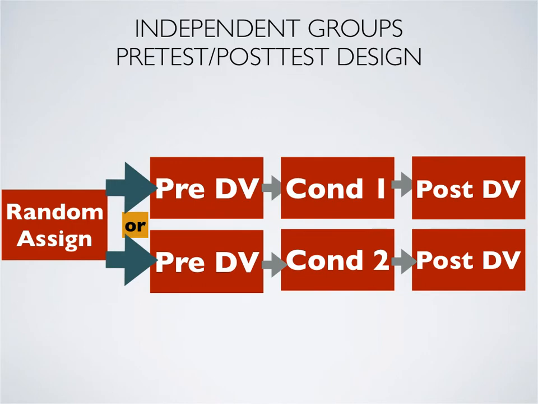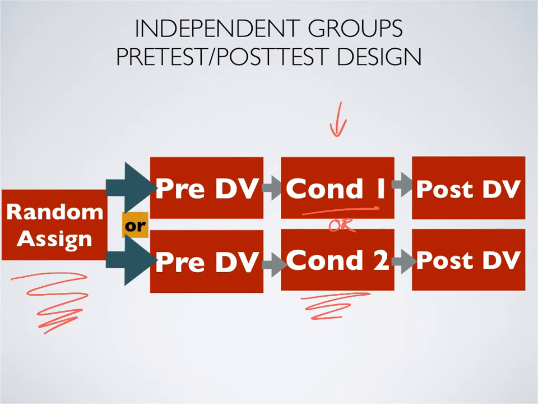So in this type of design, it's still independent groups. Here are the conditions. They only experience condition 1 or 2. It's still or, right? They're still only getting one condition. We still have random assignment.